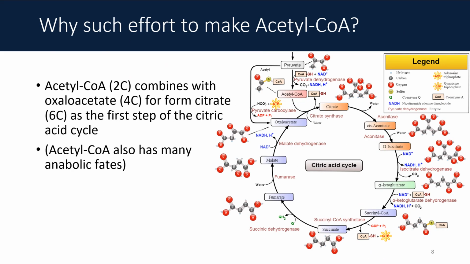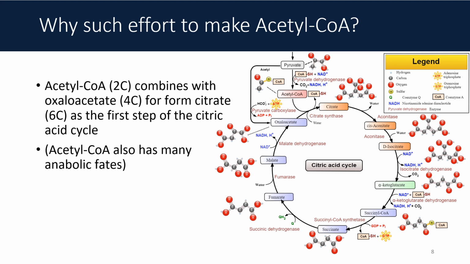Now, why did we go through all of that effort to turn pyruvate into acetyl-CoA? Well, the short answer is that acetyl-CoA is what enters the citric acid cycle, which will fully strip the electrons from acetyl-CoA into reducing equivalents, such as NADH or FADH2.